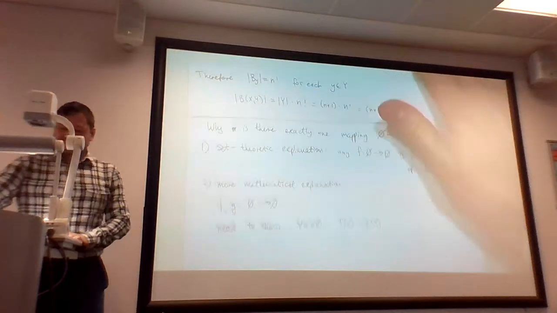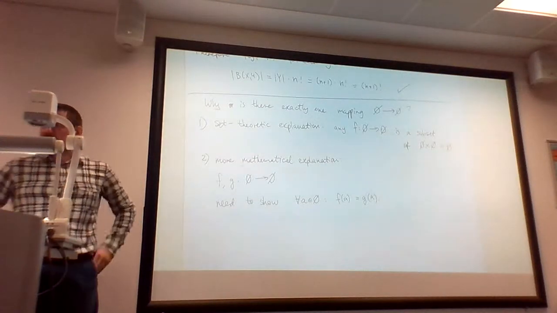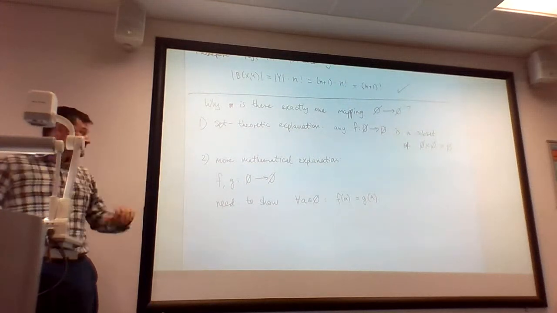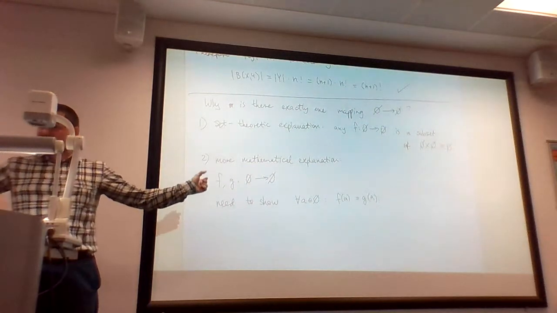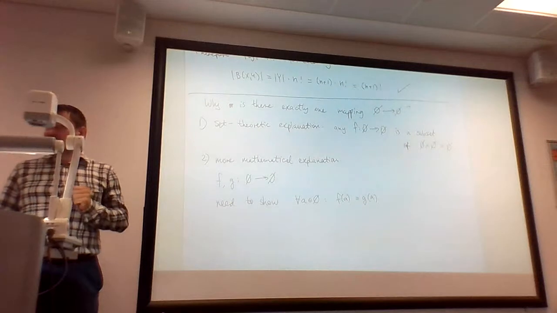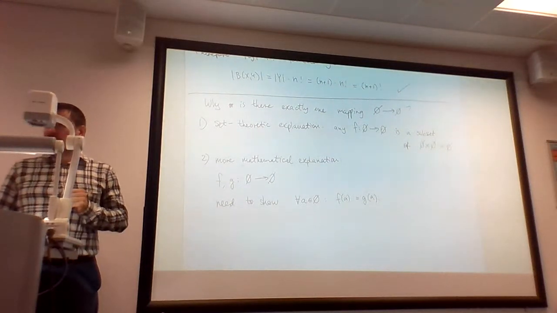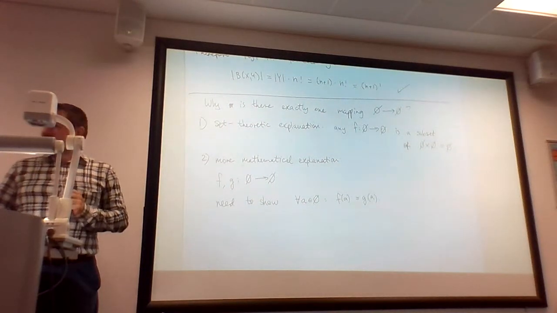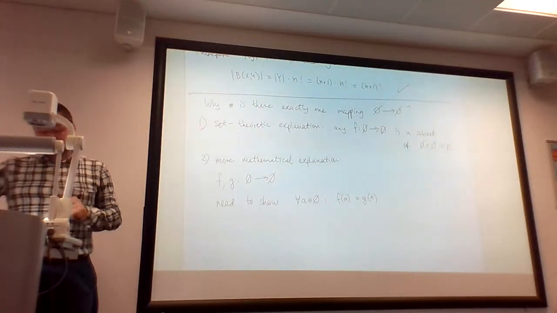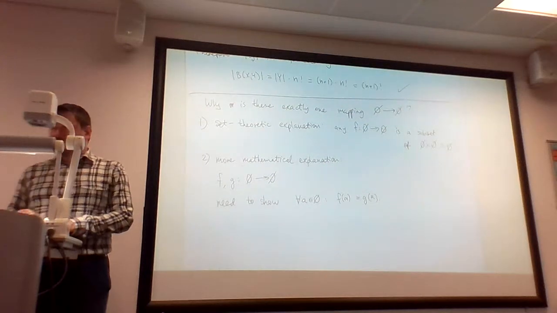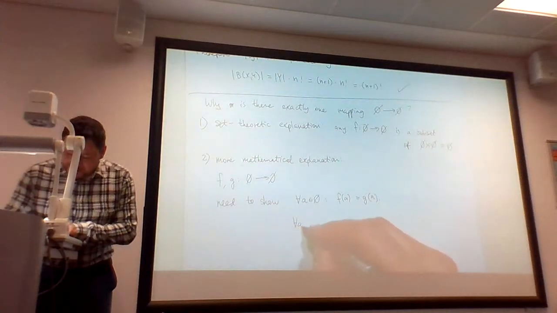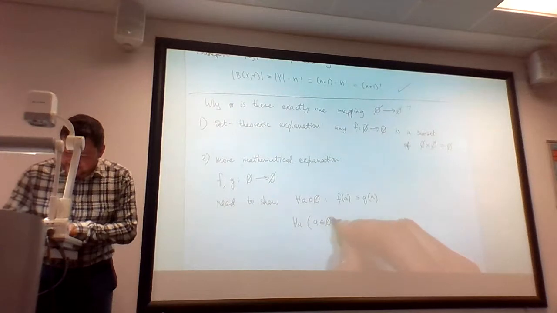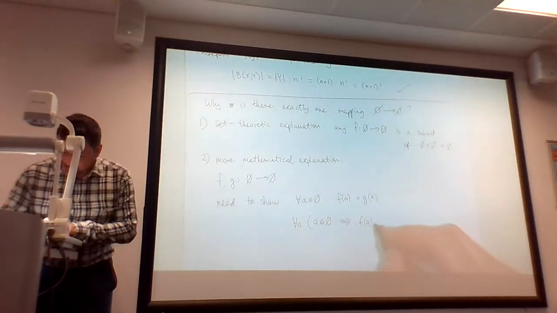Okay, but this is always true. If you write for any element of the empty set something, then that's vacuously true always. You should know that from your first year logic. This is shorthand notation for: for any a, a is in the empty set implies f(a) equals g(a).